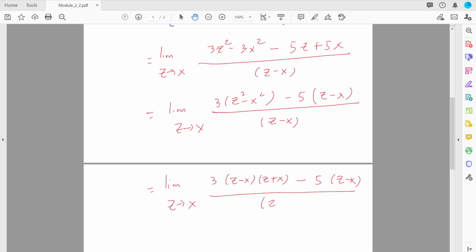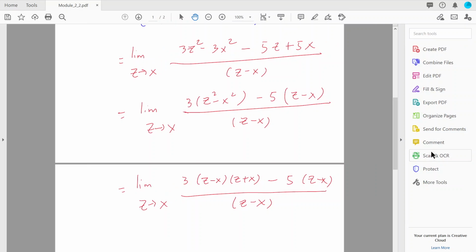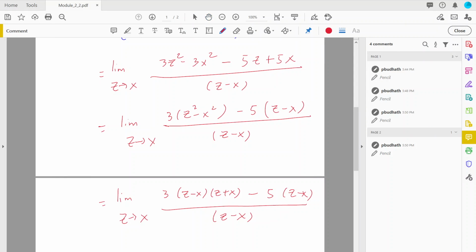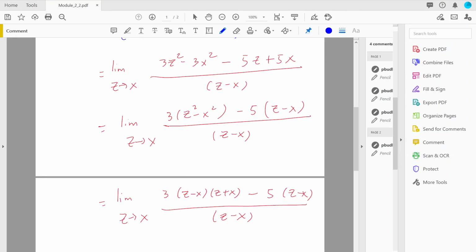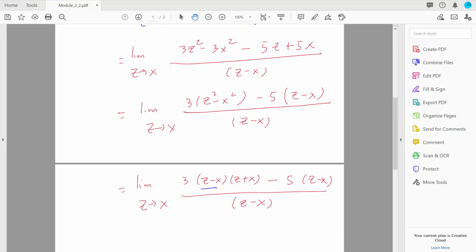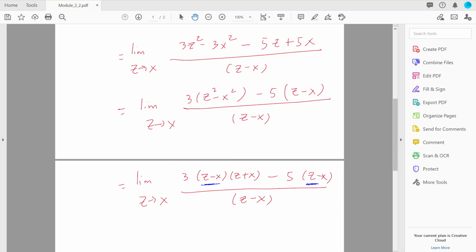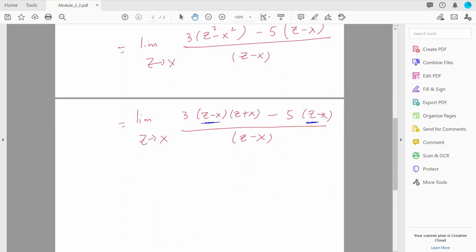Now as you can see here on the top, z minus x is here, z minus x is here, so you can factor out that z minus x on the top. The whole idea is to factor out z minus x from the top so that you can cancel z minus x on the bottom.